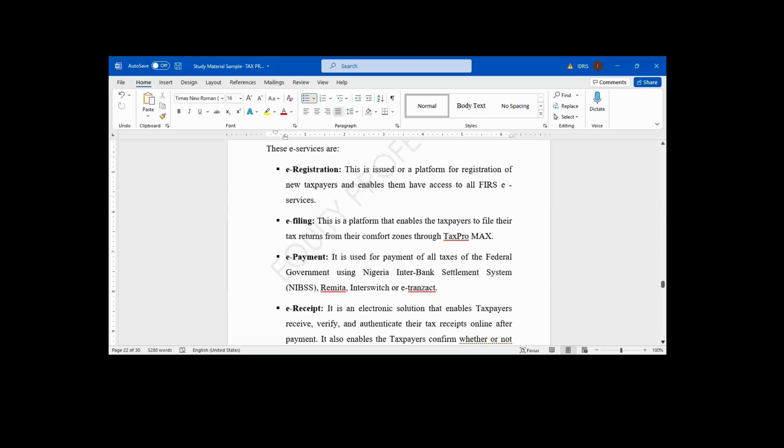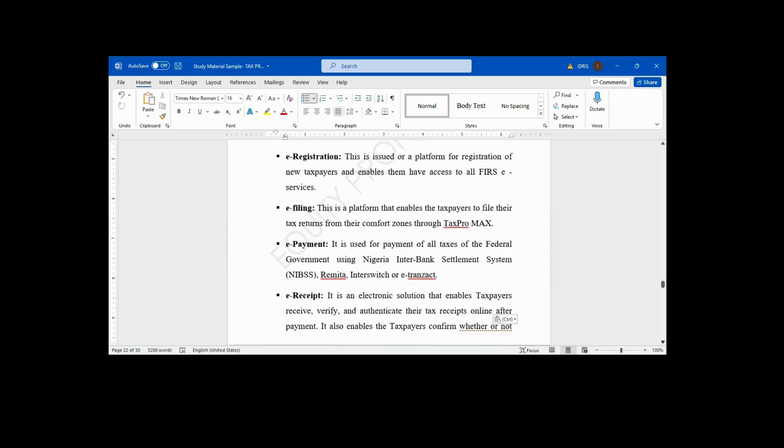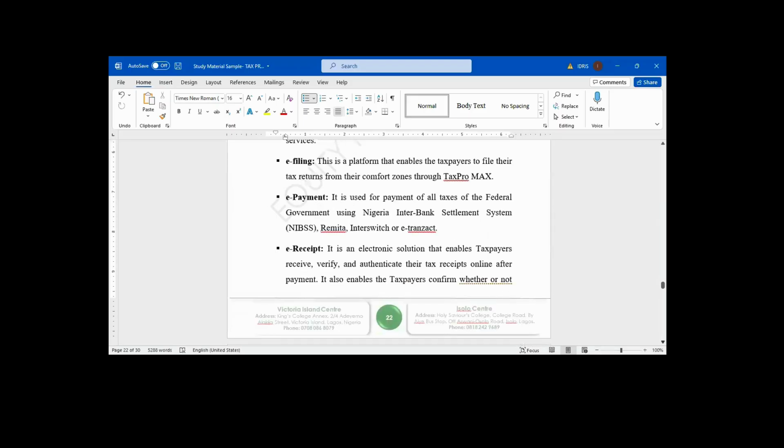Another service provided is called e-receipt. Once you make payment, Tax Promax will help you generate the FRS receipt electronically.